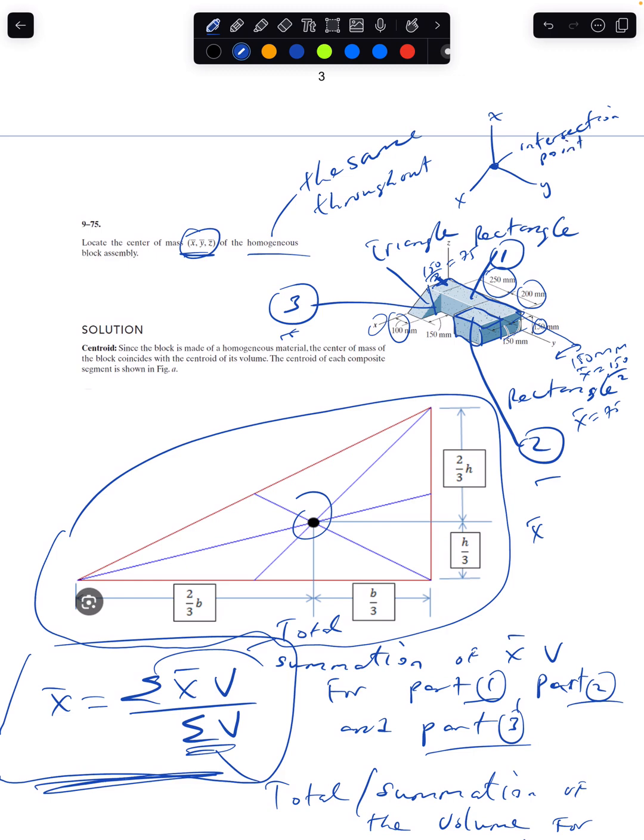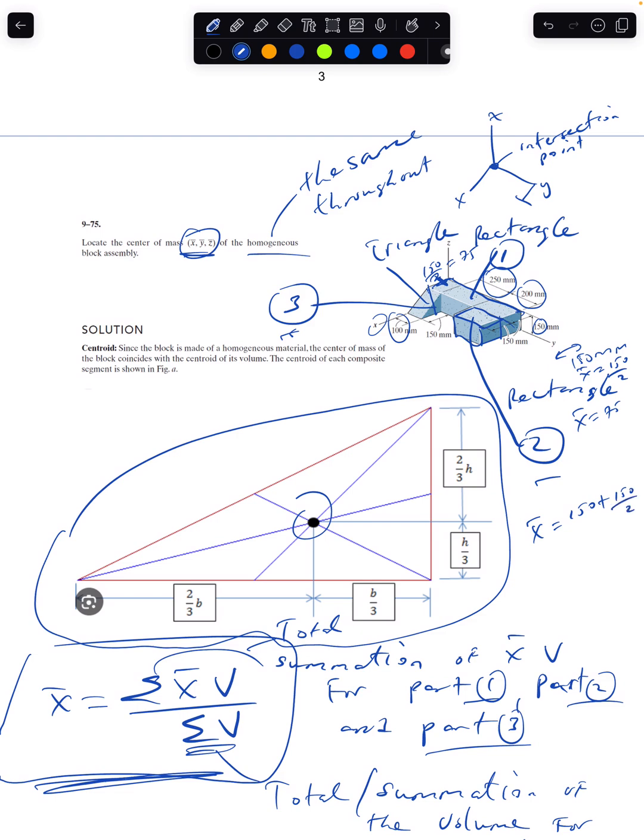And therefore, I have this to this, which is actually 150. If I clean this, you will see from the reference to there is 150. So I have 150 plus, from here to here, the x bar will be 150 divided by 2.